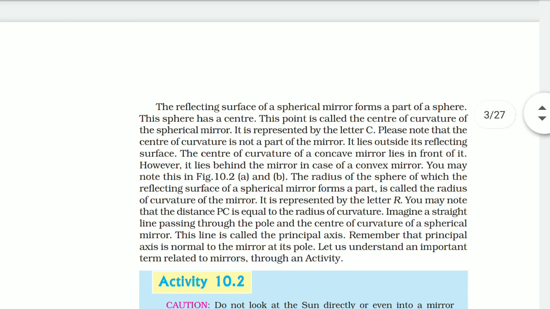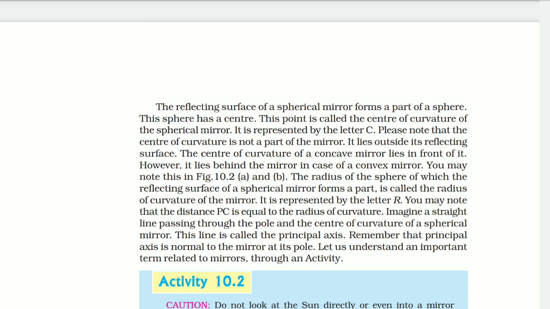The reflecting surface of the spherical mirror forms a part of a sphere. So sphere means a circle. This sphere has a center, and this point is called the center of curvature. If you just imagine a circle, the circle has a center, so that center is the center of curvature of the spherical mirror.